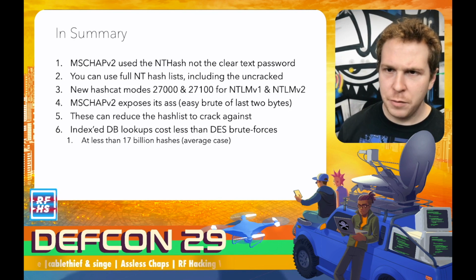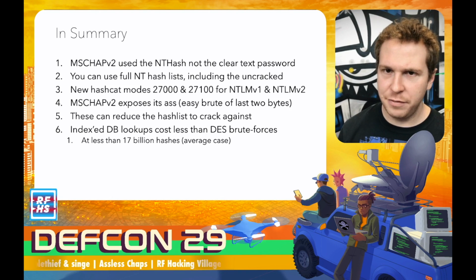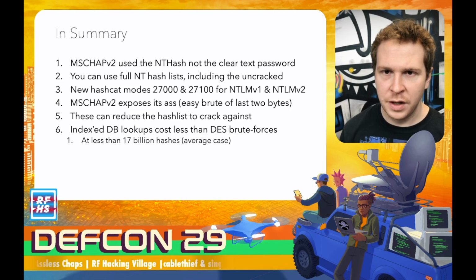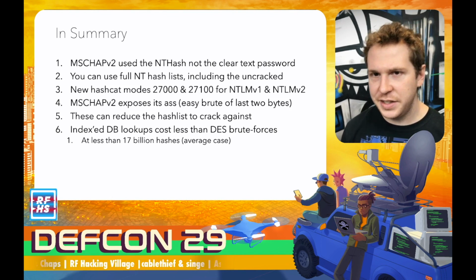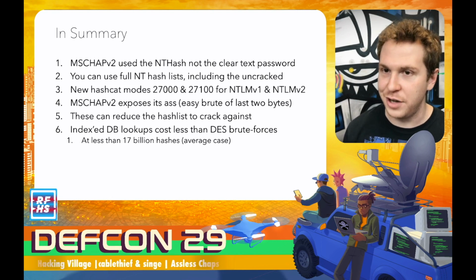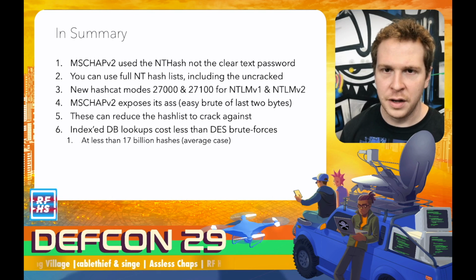So in summary, what have we learned during this talk? MS-CHAPv2 uses the NT hash, not the cleartext password, which makes sense because that's how Microsoft stores these hashes. You can use NT hash lists, including the uncracked ones, so it means we don't have to go through the extra effort of cracking those things.